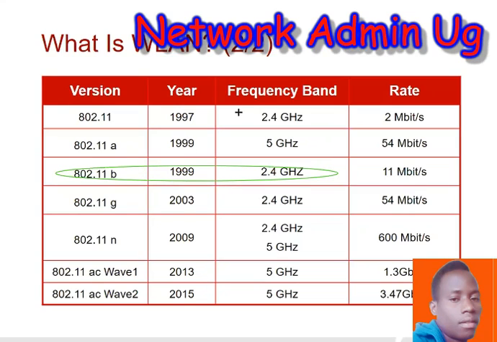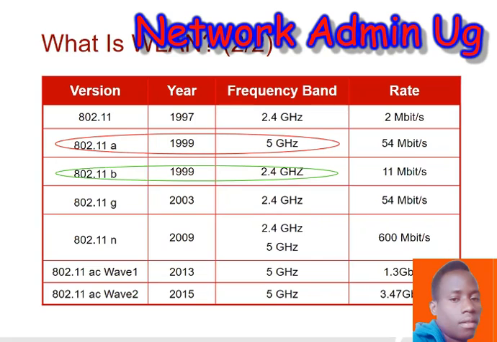second. Because of its challenges of speed, the latest standard was formulated, which is 802.11a in 1999 still, which ran at a higher frequency of 5 gigahertz and could give 54 megabytes per second, okay, speed.